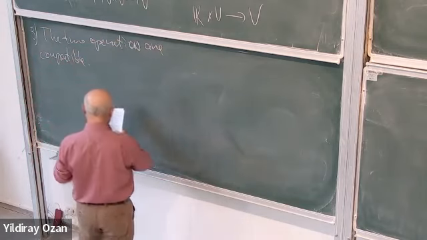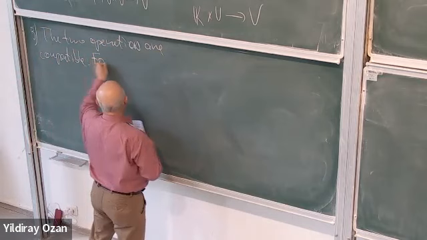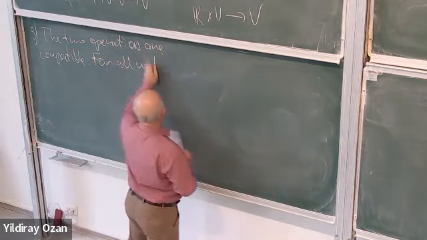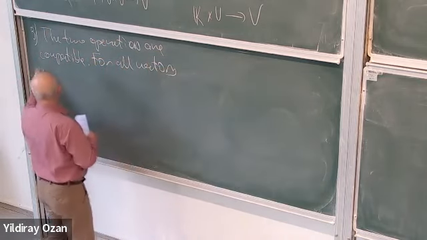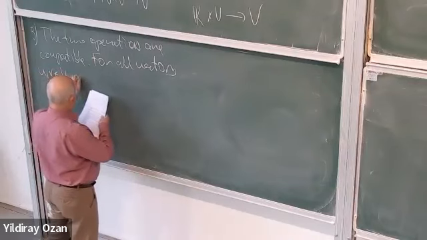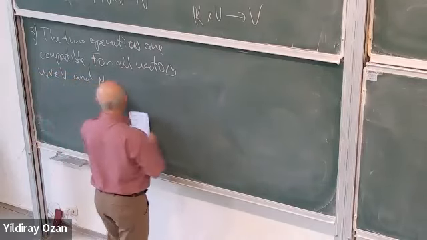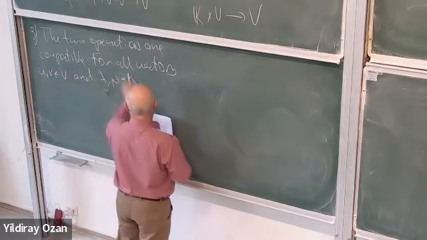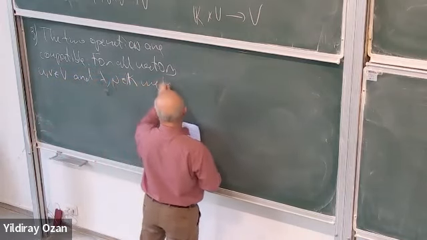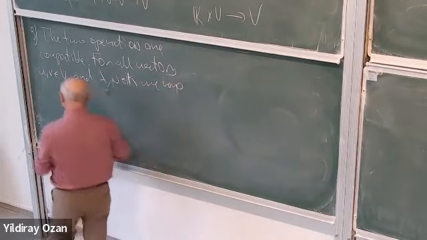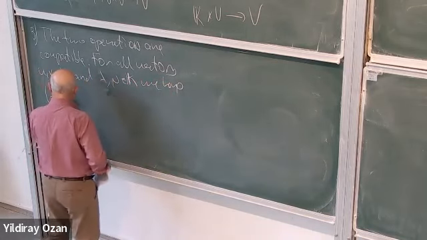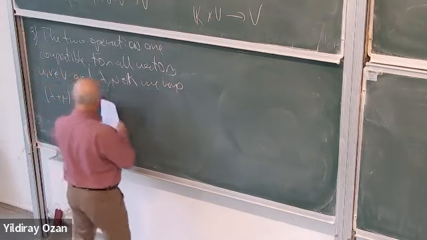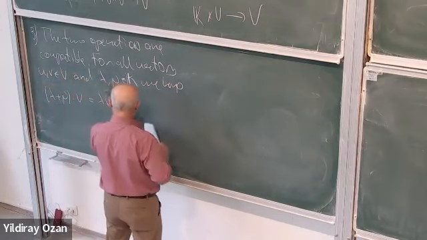What we mean is this: for all vectors u, v in V and scalars lambda, mu in K, we have (lambda plus mu) times v is just lambda v plus mu v.